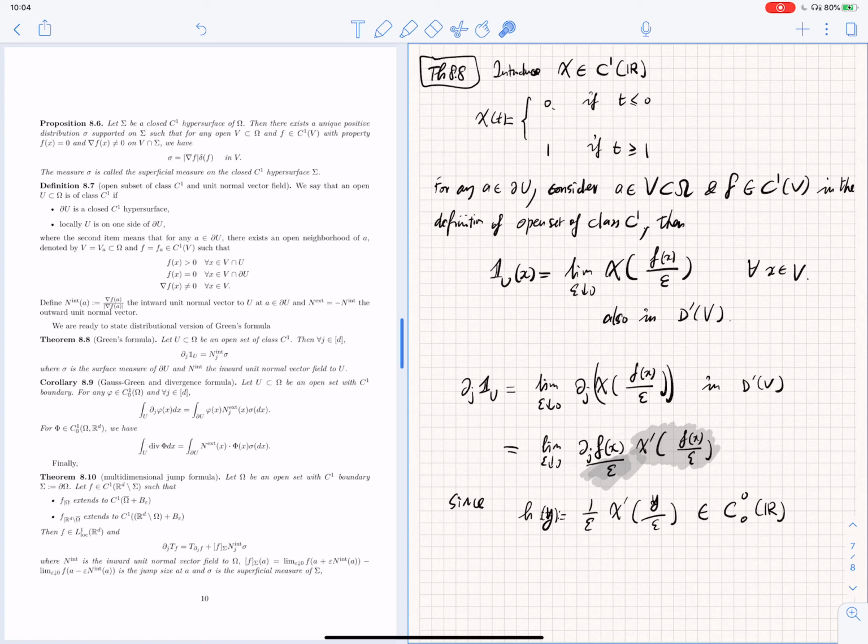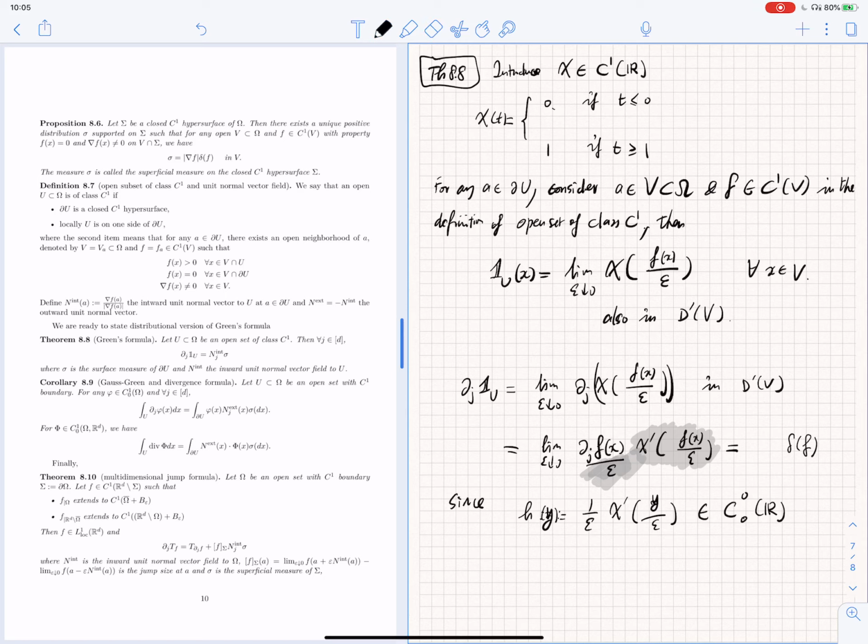Also, the integral of this function is equal to 1. Again, by the property that we have on the function chi, we can actually have a convergence. So this will converge, as epsilon goes to 0, to delta f.